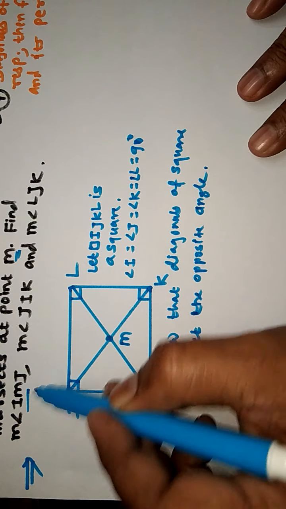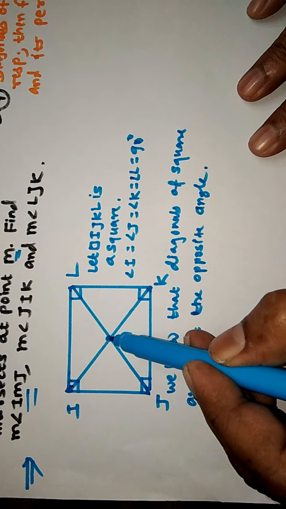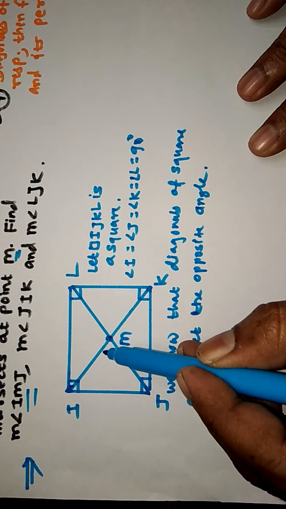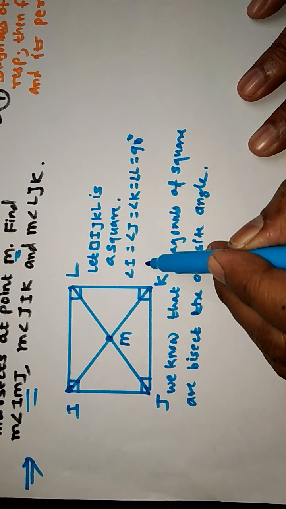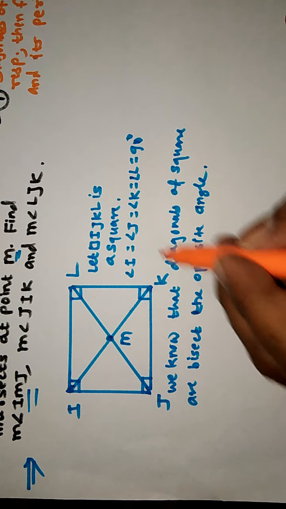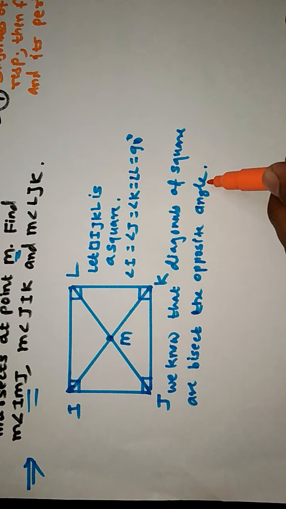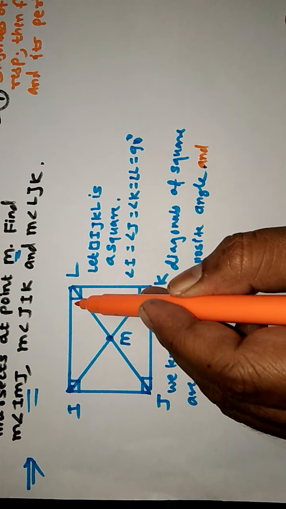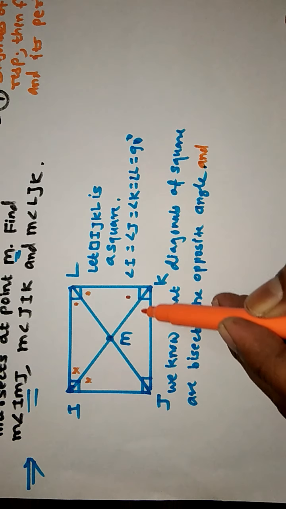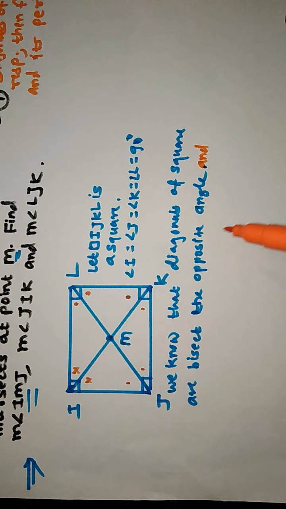Means first we take angle IMJ. What is the measure of this angle? Here we write only the measure of angle IMJ. Bisect the opposite angle means these two angles are congruent.